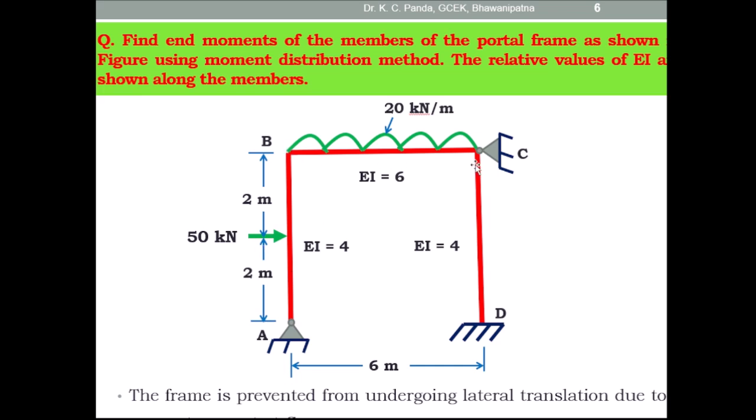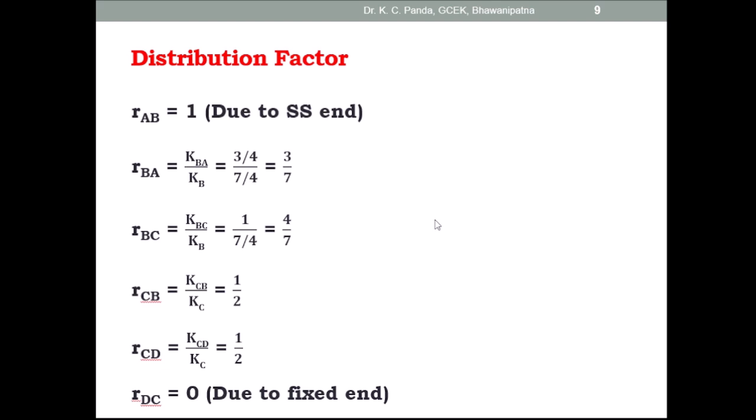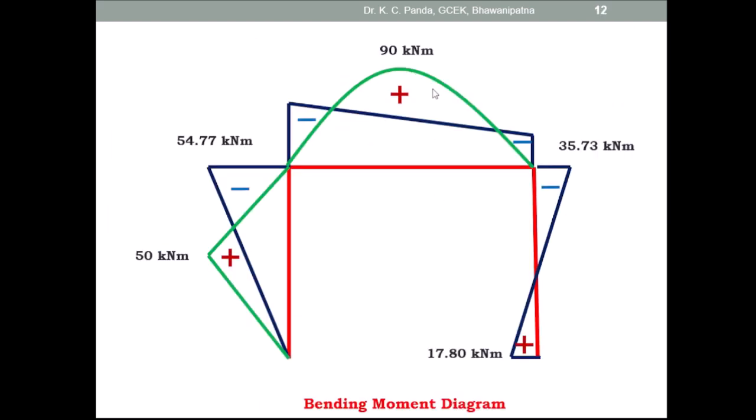Similarly, on the horizontal member BC there is a uniformly distributed load throughout the span, 20 kilonewton per meter. So the free bending moment, or positive bending moment, is parabolic, equal to WL square by 8, 20 into 6 square by 8. So this is equal to 90 kilonewton meter.